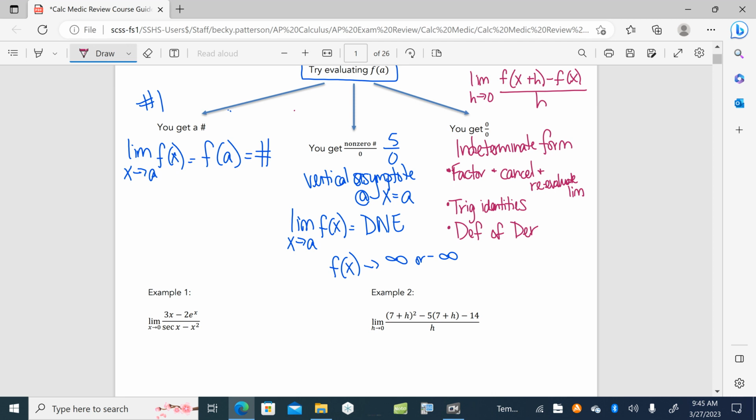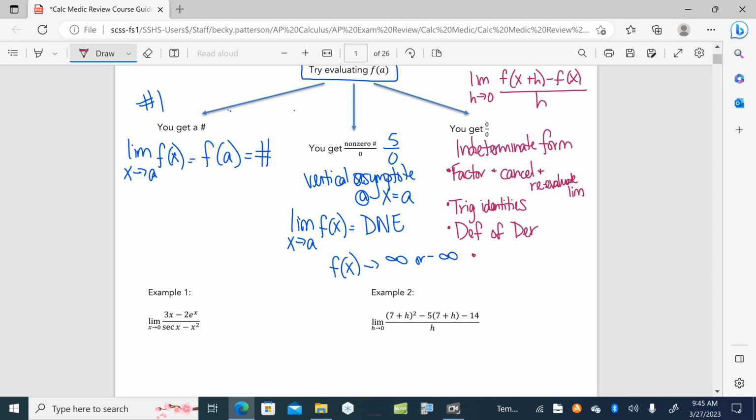If you can see that it fits that form, then you know that it's just the definition of a derivative. So you can completely forget the limit and just go take the derivative and then plug in your value.